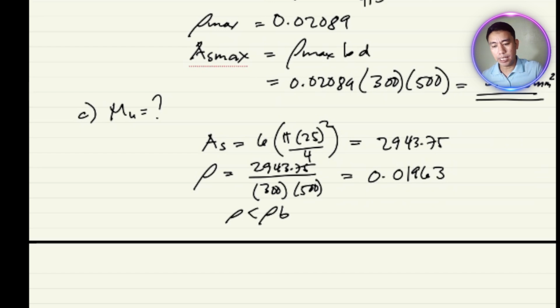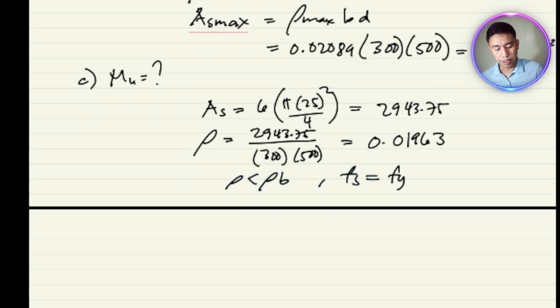So kung mauna fail ang reinforcement, that means in the capacity of the concrete, yung stress ng steel, maaabot niya talaga yung Fy. Okay, maabot niya talaga yung Fy.